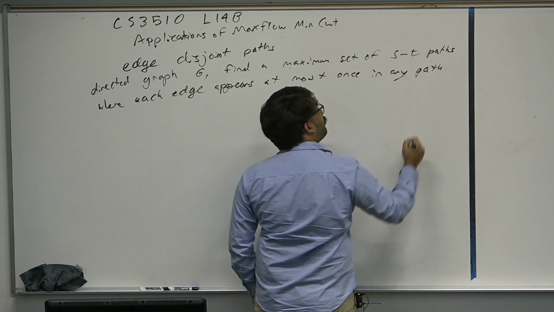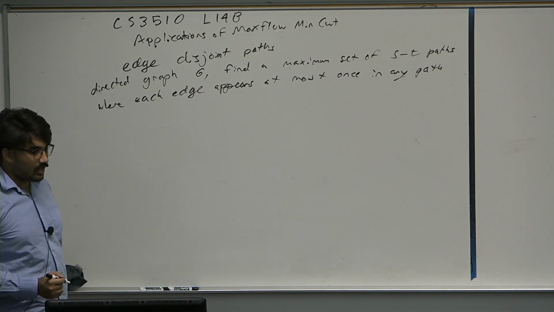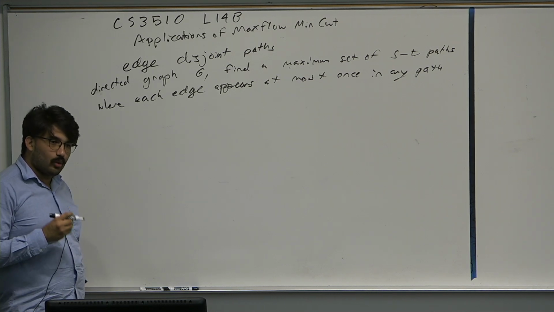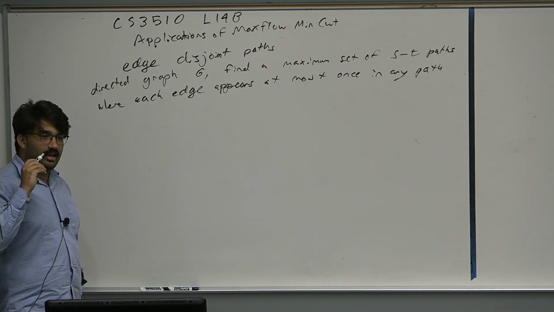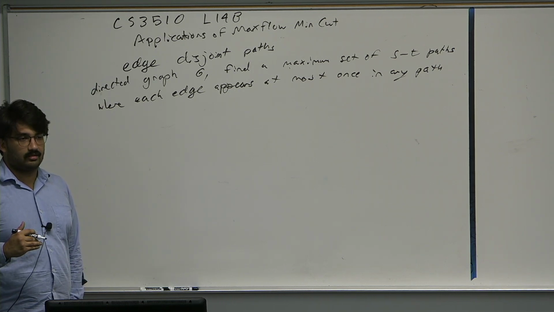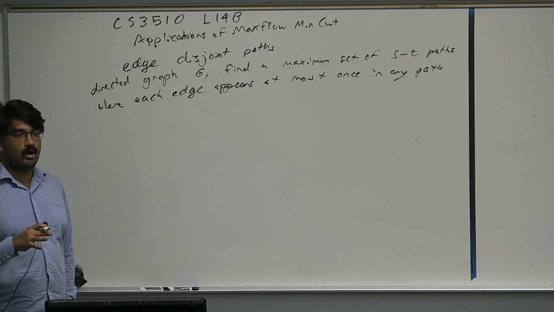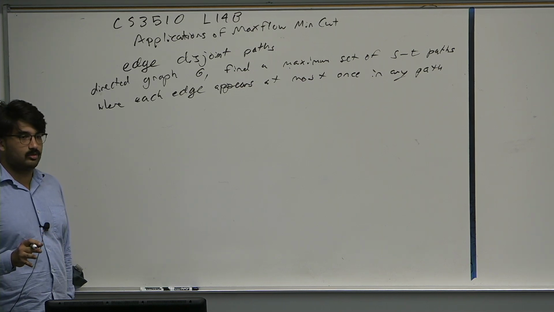So you don't want just the number of paths, you want the number of edge disjoint paths, in the sense that two paths are edge disjoint if any edge appears at most once in any path. So given the paths, none of them share any edge. They're pairwise unshared between any of them, right?